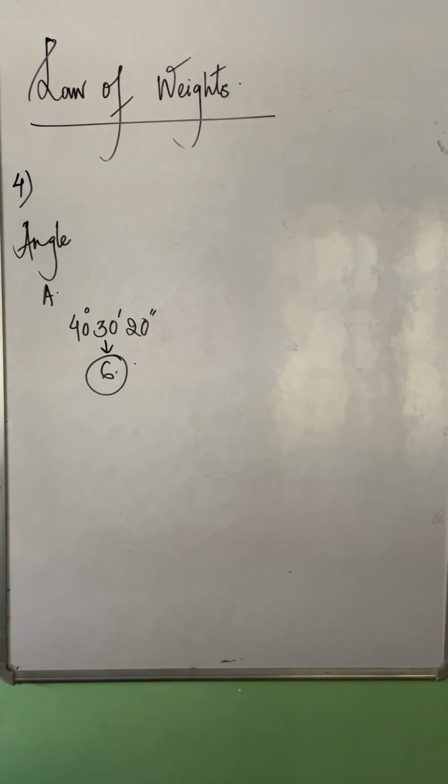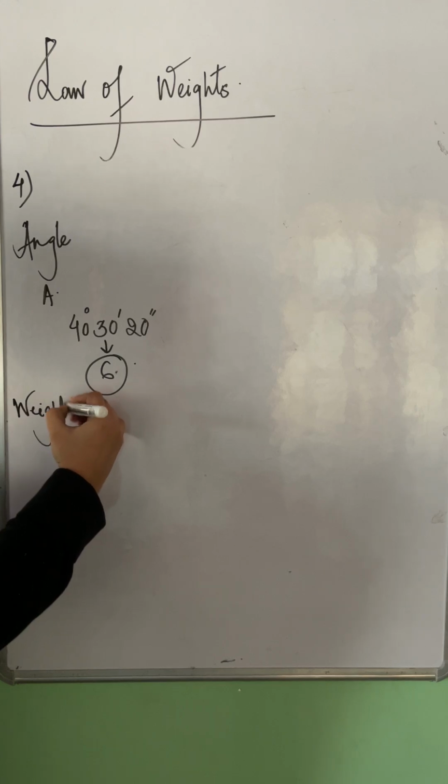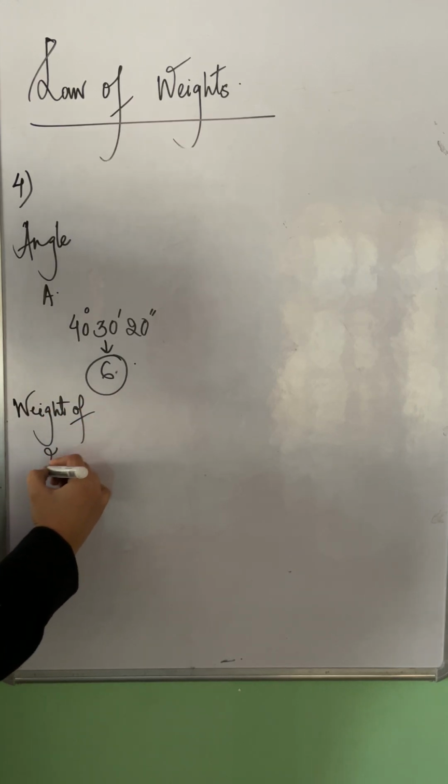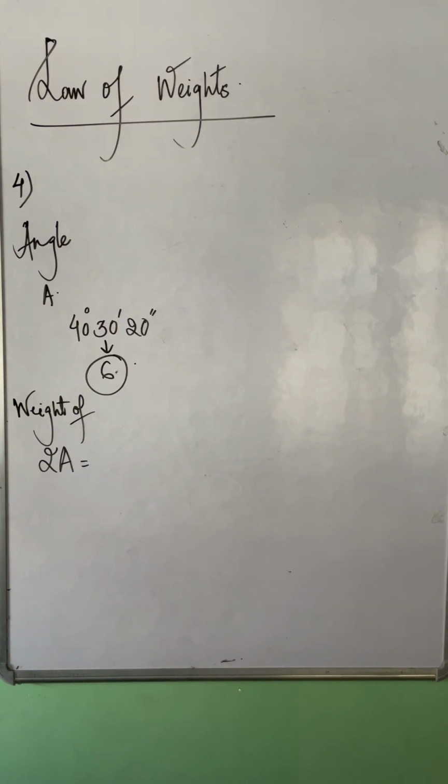Now, if we multiply it by a factor, let's suppose 2, the weight of 2A will be equal to, what does the law say? If a quantity of a given weight is multiplied by a factor, the weight of the result is obtained by dividing its given weight by the square of that factor.